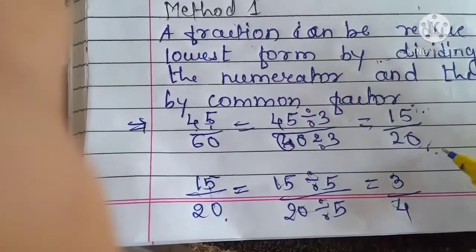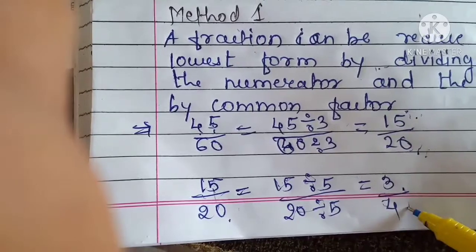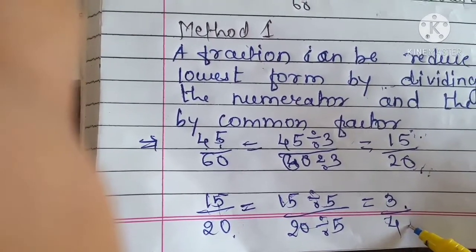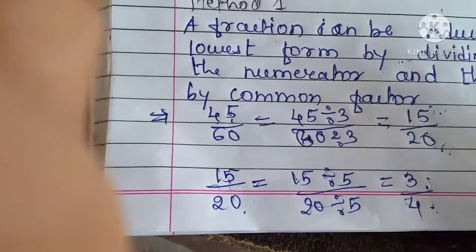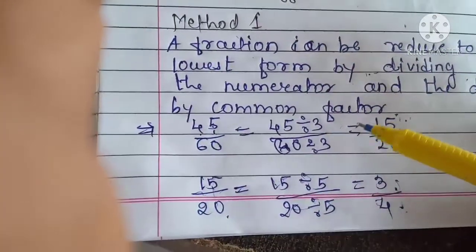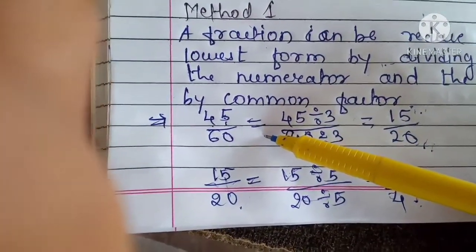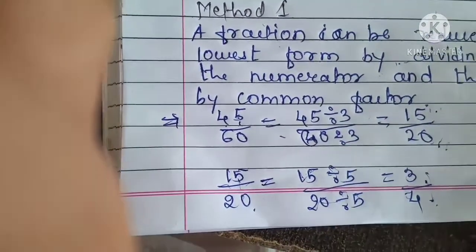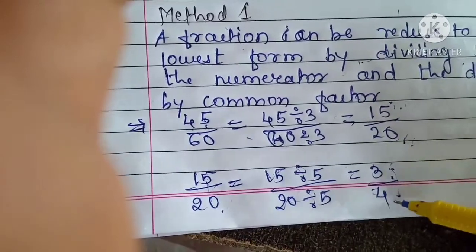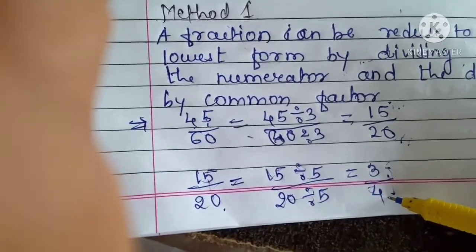So see here, this 3 by 4 is the lowest form of the fraction, meaning they have only one common factor, that is 1. Like this, the first method is to divide the given fraction by the common factor and reduce it till the common factor between the numerator and denominator becomes 1.